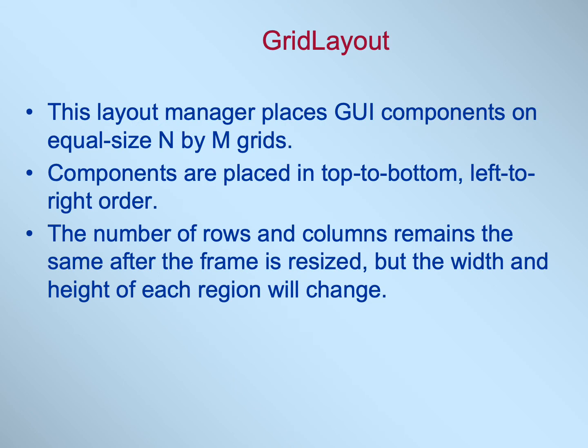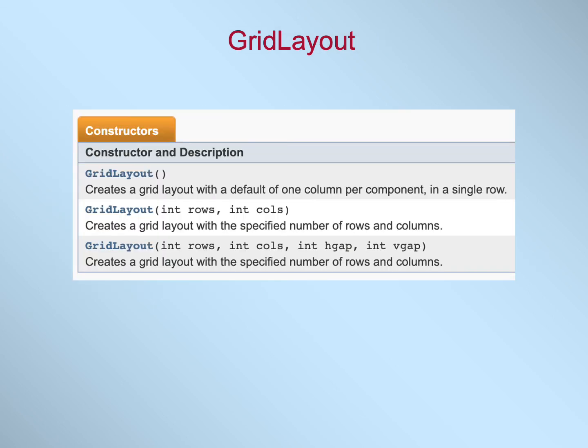In grid layout, this layout manager places GUI components on equal size n by m grids. Components are placed in top to bottom, left to right order. The number of rows and columns remains the same after the frame is resized, but the width and height of each region will change. If we look at the Java API, in GridLayout, there are 3 constructors. The first one, GridLayout, creates a grid layout with a default of 1 column per component in a single row.